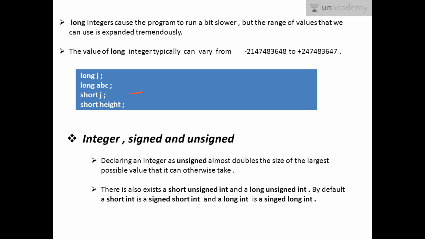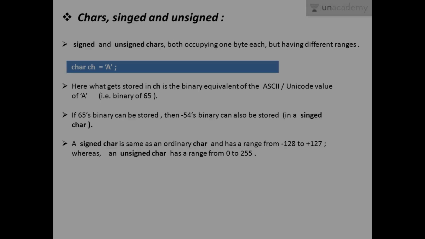That means a positive sign is always assigned for any kind of value that you enter in C. There is also a short unsigned int and a long unsigned int. By default, a short is a signed short int and long is a signed long int. As I said, if we don't specify whether it is a positive or negative value, by default it will be a positive value.